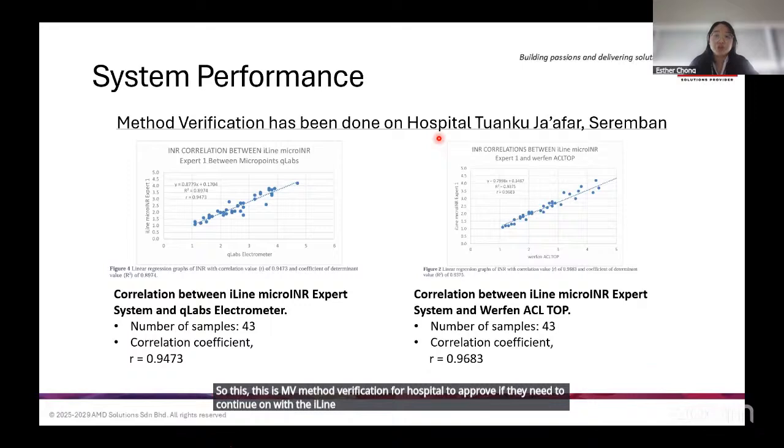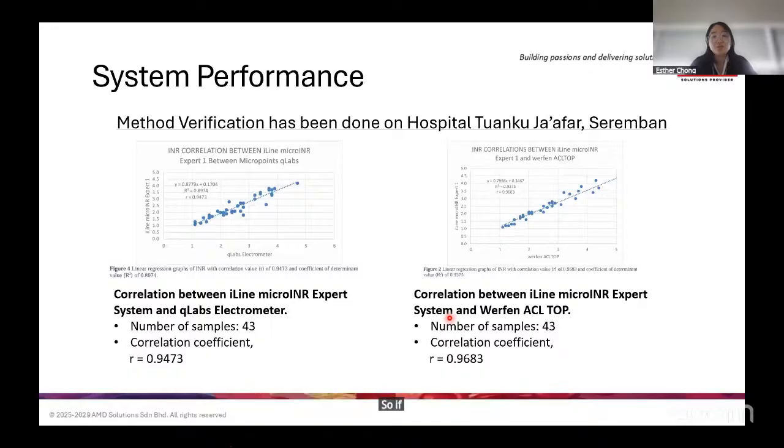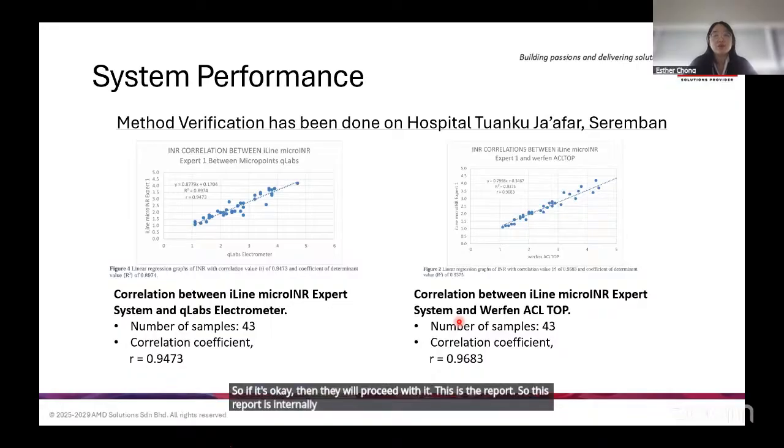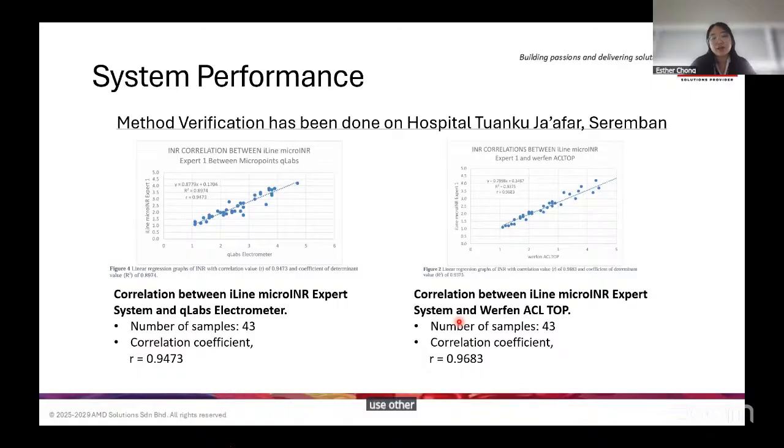Before they continue with iLine, we need to do a method verification to check whether the iLine performs well with their warfarin LCL top, which is in the lab. If it's okay, then they will proceed with it. This is the report. This report is internal, but if other users ask us, we can also give it to them, but it's internal.